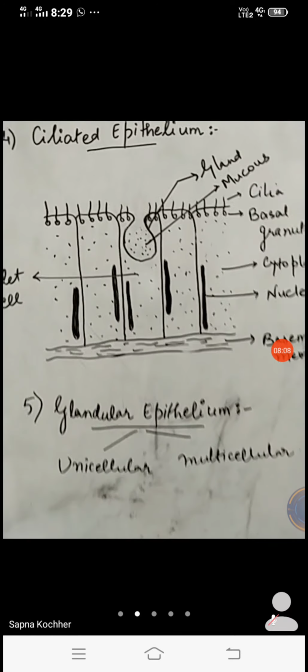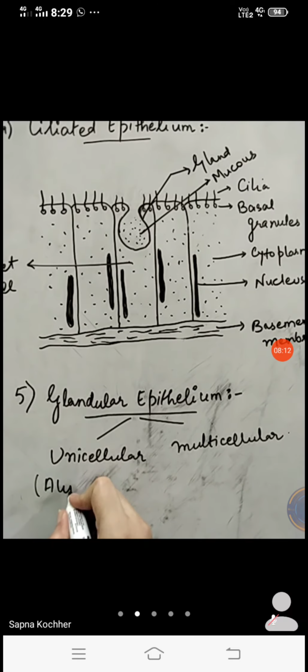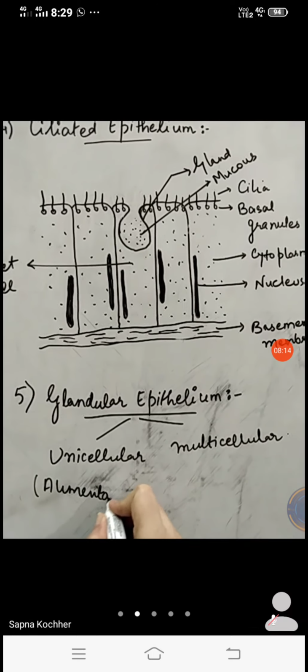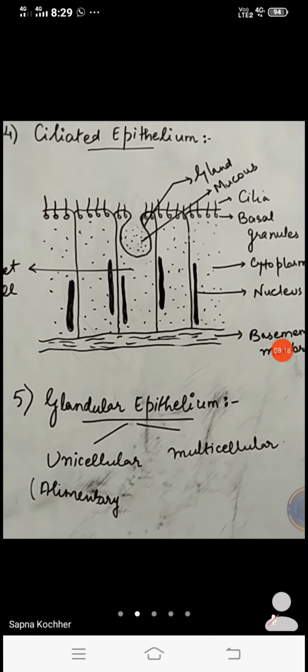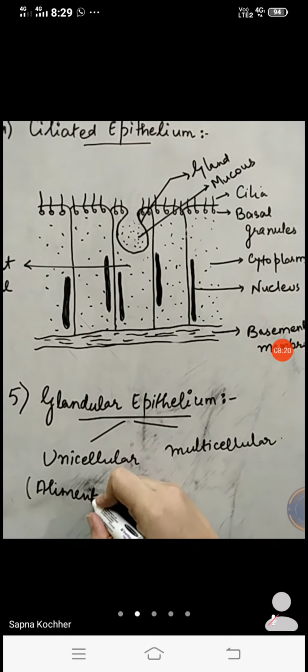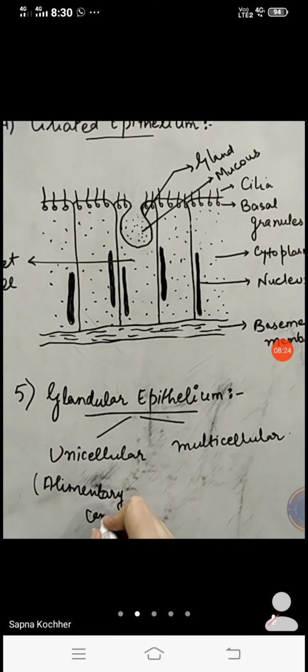An example for the unicellular glandular epithelium is the alimentary canal. It's not exactly an example, it is a location basically where you can find this unicellular type of glandular epithelium, that is the alimentary canal.